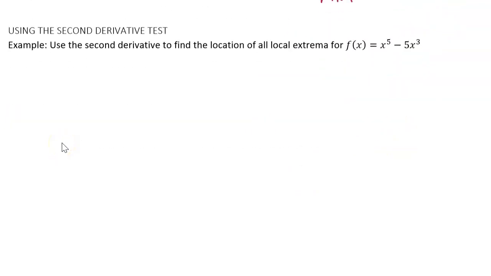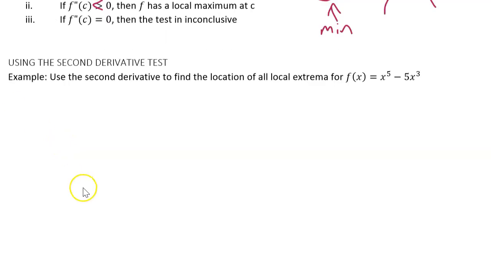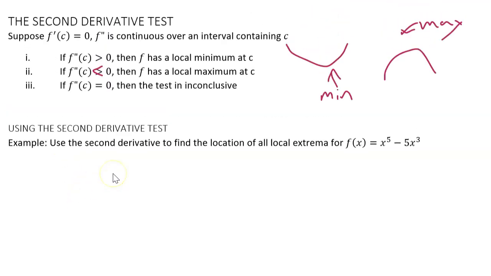Use the second derivative to find the location of all local extrema for f of x equals x to the fifth minus 5x cubed. Step 1, find the first derivative: 5x to the fourth minus 15x squared.